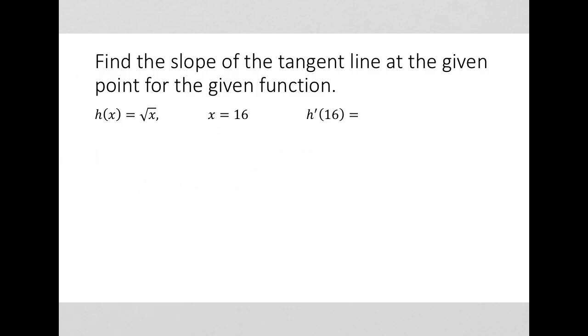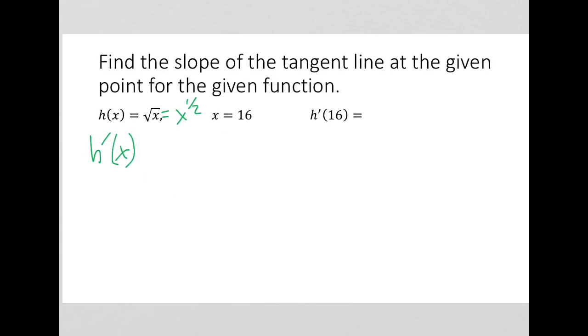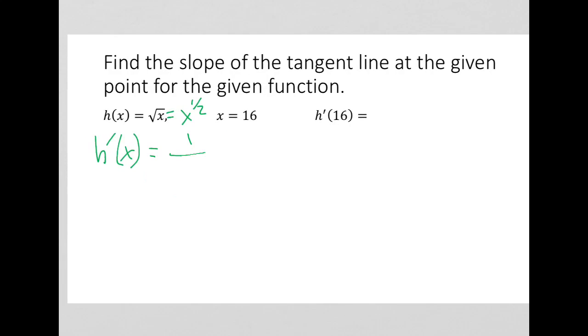Maybe you can predict what the answer to this is going to be, but again, I want to find the slope of the tangent line at the given point for the given function, so I need to find h prime of x. I need to rewrite this as x to the 1/2 to get my derivative function, which will be 1 over 2 root x using the power rule.